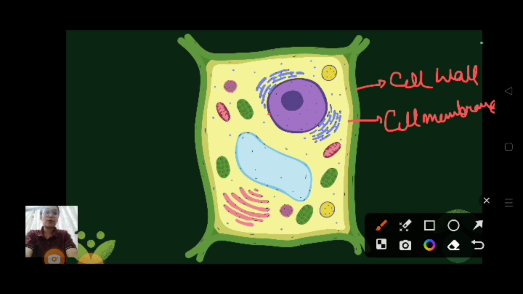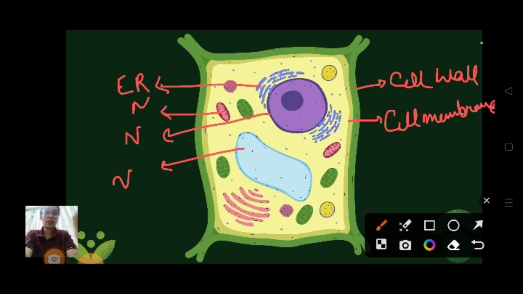This one is the nucleus, this one is your vacuole, the larger vacuole, these are endoplasmic reticulum, these are mitochondria, the powerhouse, these are Golgi bodies, and these are plastids. And these dotted structures are ribosomes, which are present all over the cytoplasm. These are ribosomes. I think you know the cell parts.